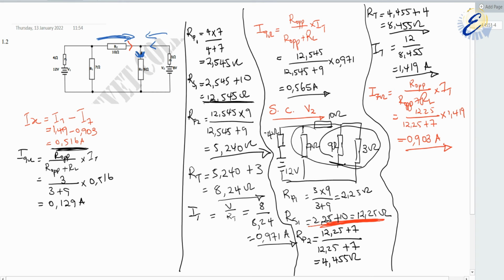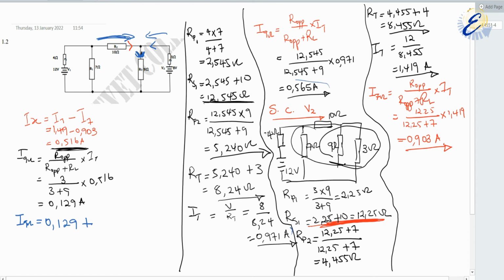So it means that the total current of 9 will be equal to 0.129 plus, do you remember the one we obtained last time?